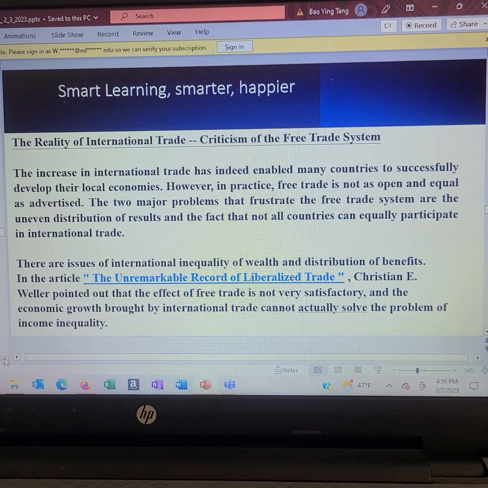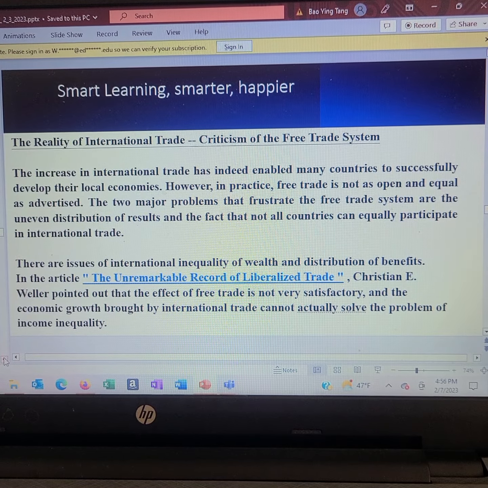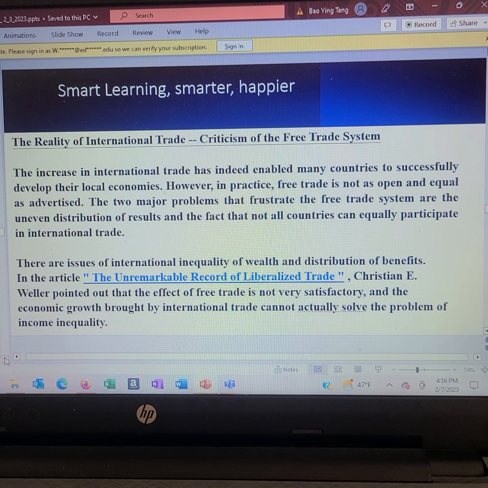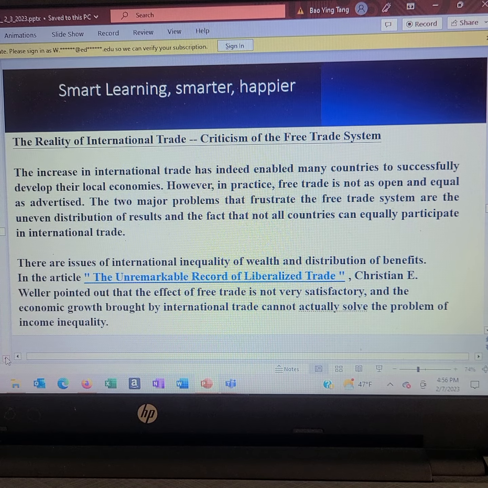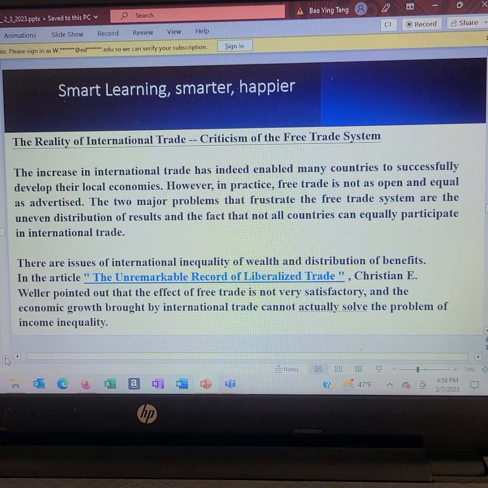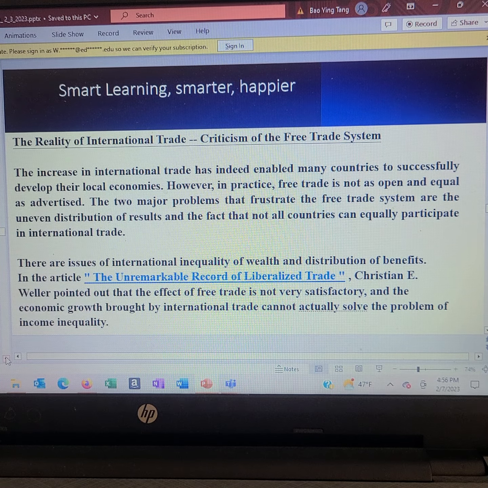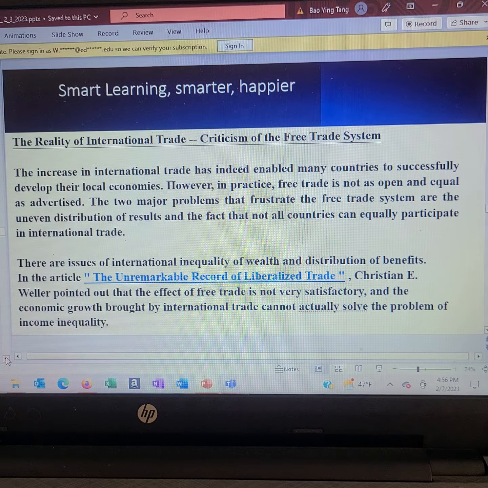Next, we want to examine the disadvantages of economic globalization, the reality of international trade, and criticism of the free trade system. The increase in international trade has indeed enabled many countries to successfully develop their local economies.